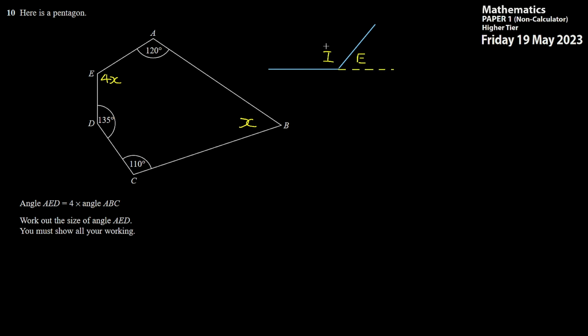A pentagon has 5 sides, so the exterior angle will be given by 360 divided by 5, and this is equal to 72 degrees. Therefore, the interior angle i equals 180 minus 72, which is 108 degrees. And as there are going to be 5 of them, the total of the i's, which is multiplying by 5, is 540.